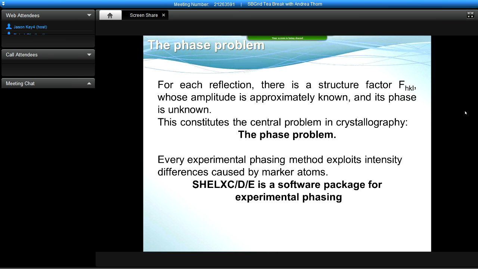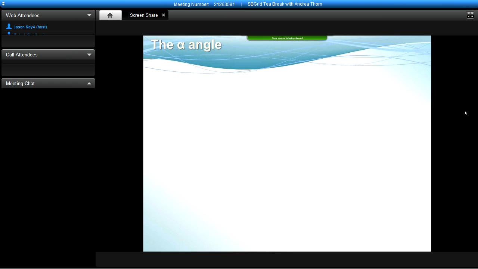But in every experimental phasing method, there are marker atoms, and finding them first and using the difference they cause in intensity is the goal of these phasing methods. And SHELX C/D/E is a software package for experimental phasing, and it uses this kind of abstraction of all the experimental phasing methods to treat them at least similarly. And I'll go shortly into the theory behind that, which is kind of the SHELX view on things.